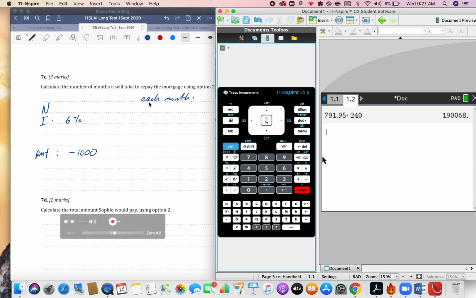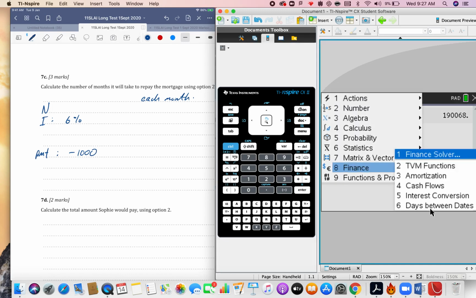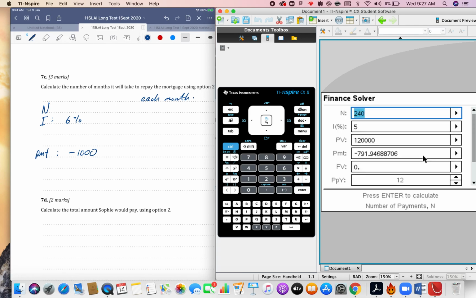Now let's get the Finance Solver out again. Menu, Finance Solver. N is actually what we're trying to find, the number of months. Interest rate is 6%. After PMT, we've got FV is 0.